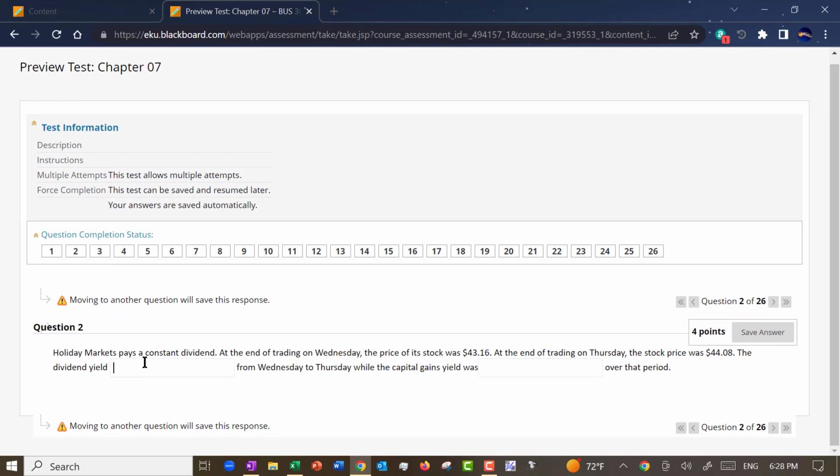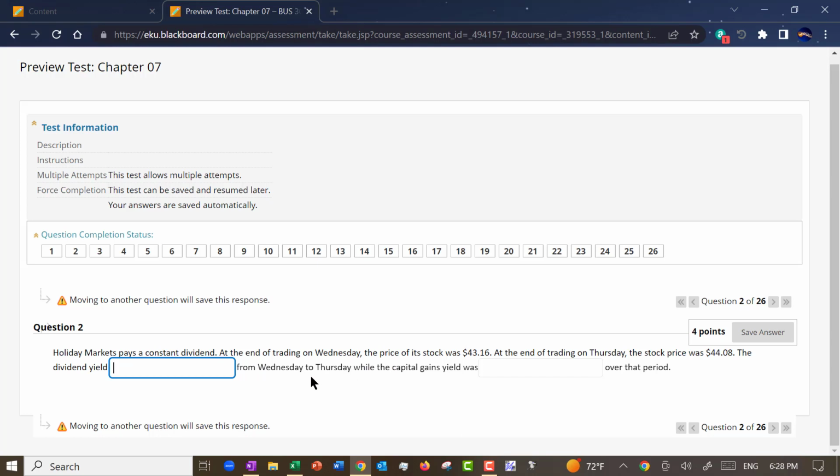Holiday Markets pays a constant dividend. At the end of trading Wednesday, the price of its stock was 43.16. At the end of trading on Thursday, the stock price was 44.08. The dividend yield was what?